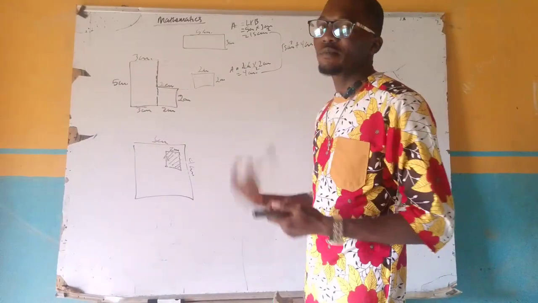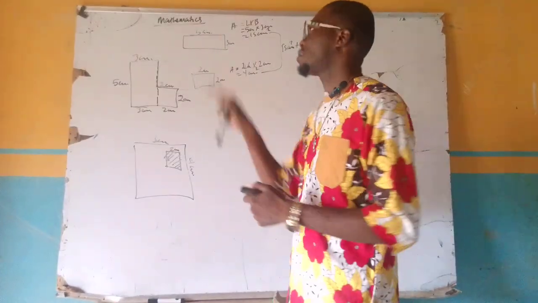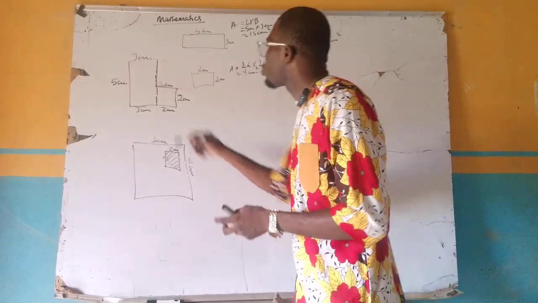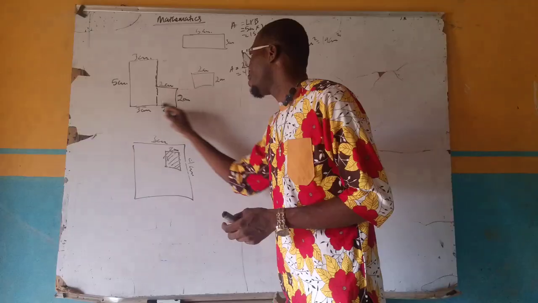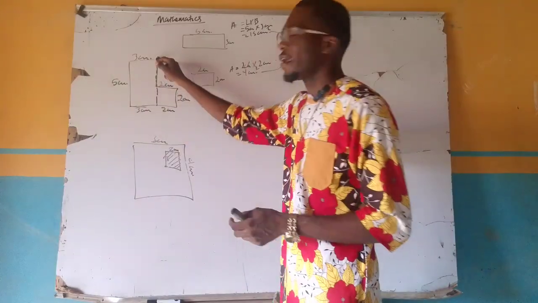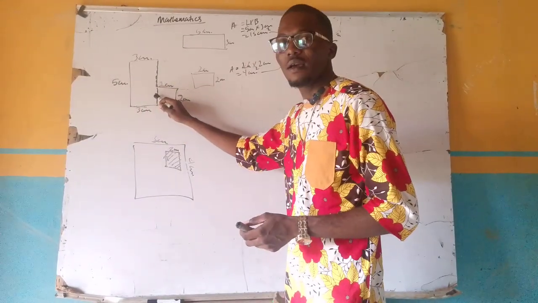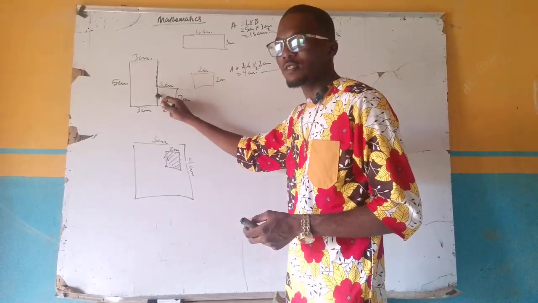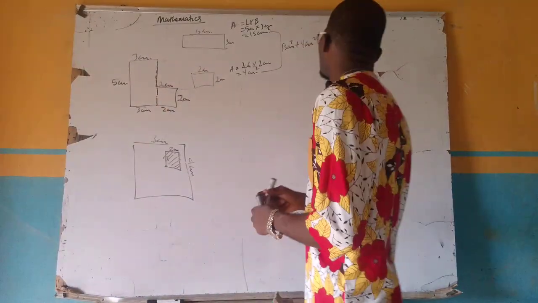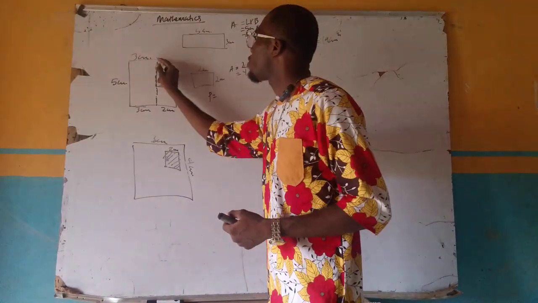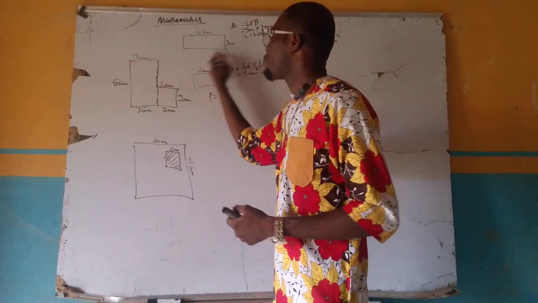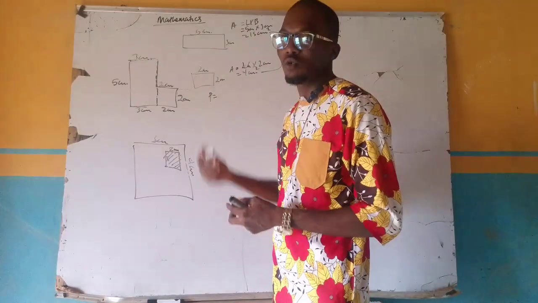Then if you have to find the perimeter, it's not hard. Remember, perimeter is the distance around the shape. But we are not going to use this inside line, because perimeter is simply here, here, here, here, here, and here. It's not outside, it's inside, so we don't need that one. So don't find the perimeter of the shapes separately, you get confused.